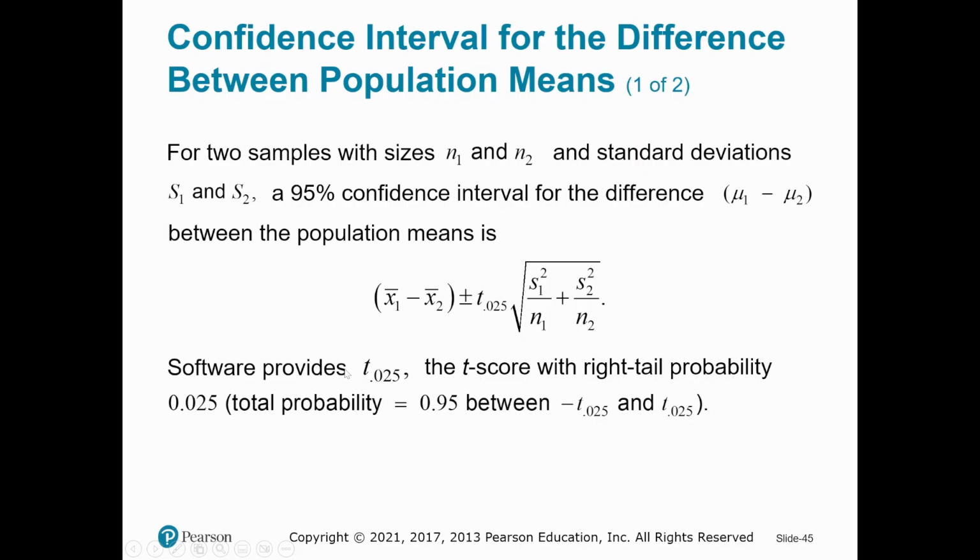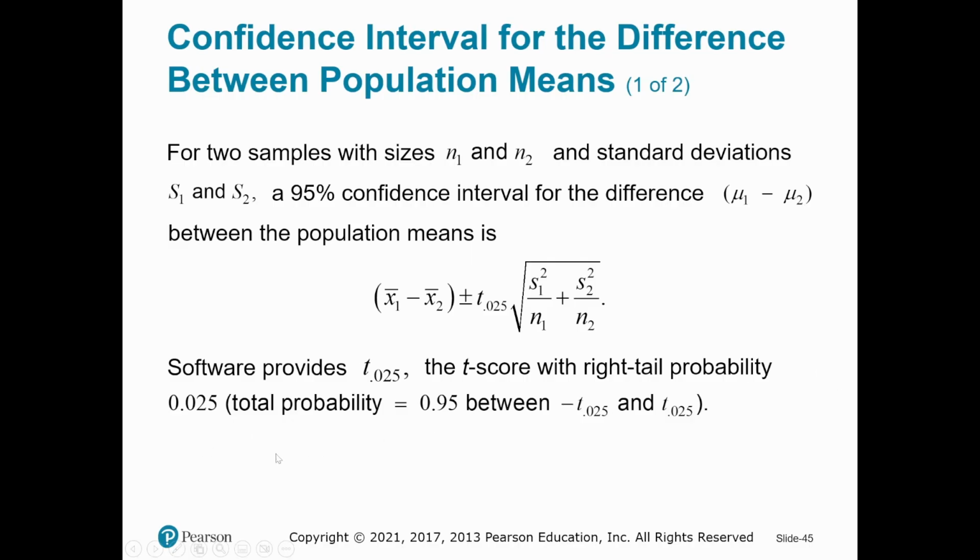Software gives us the t sub 0.025, which is the t-score with right tail probability 0.025, which is the 97.5th percentile.